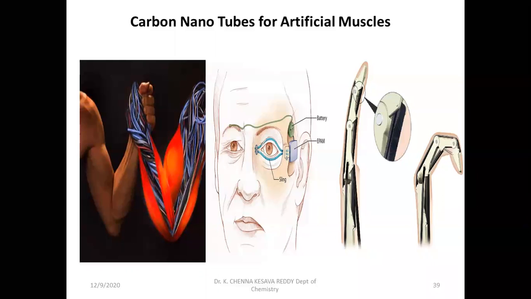But with our human nose, we can only tell qualitatively, we sense the gas smell and we cannot quantify it. But with these carbon nanotube based artificial muscles, fingers, eyes or nose, we can do things with quantification.